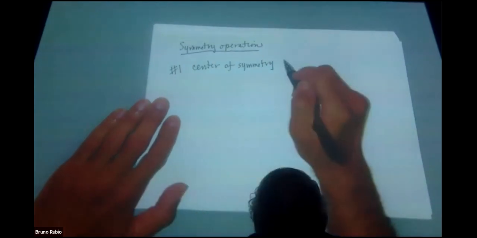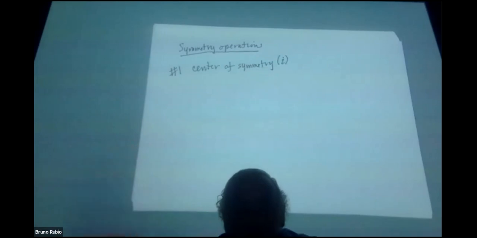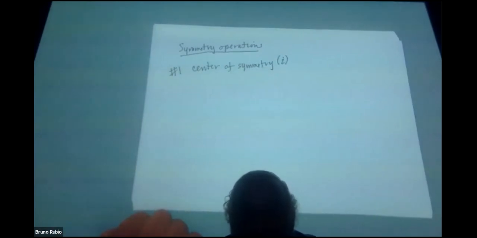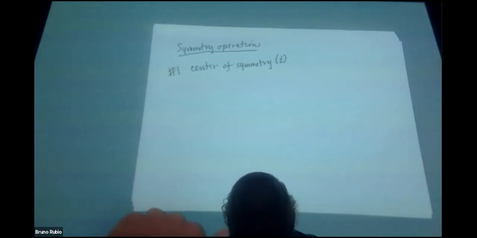All right, so this is given the group theoretical symbol i. Just because center of symmetry takes a long time to say and to write, it's frequently abbreviated with the symbol i.